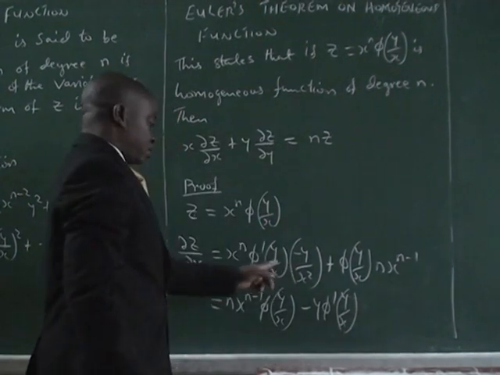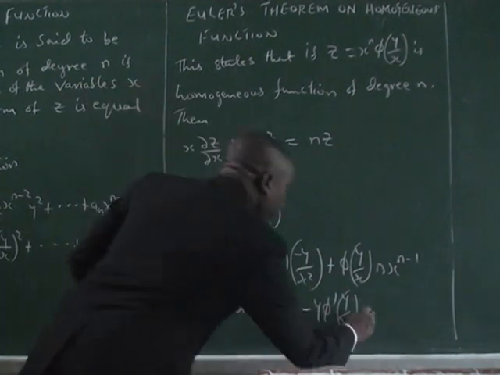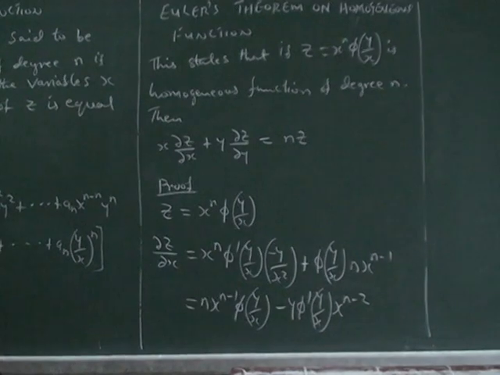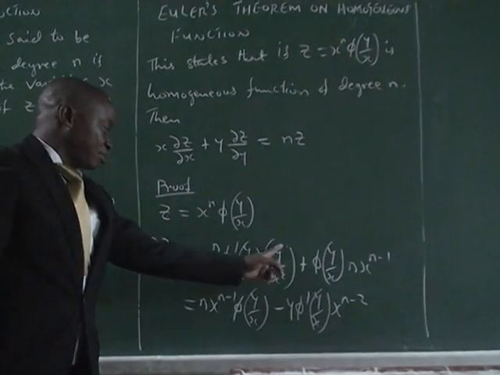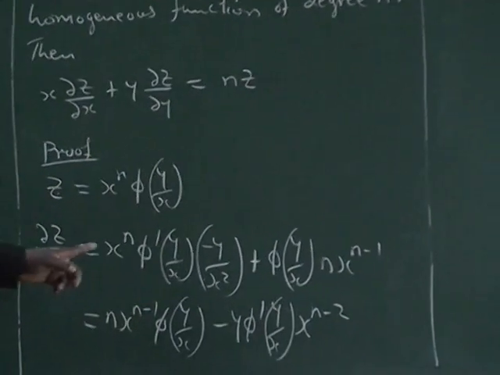Look at that. I'm going to take this up, then I will have x raised to n minus 1. That is what I will have.